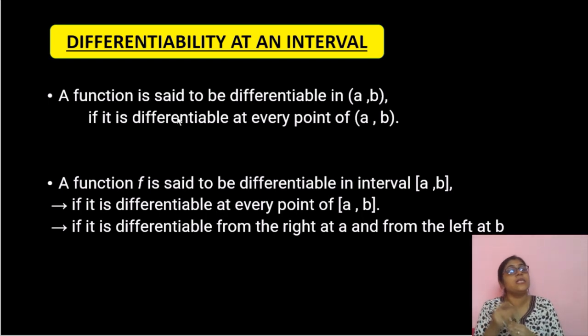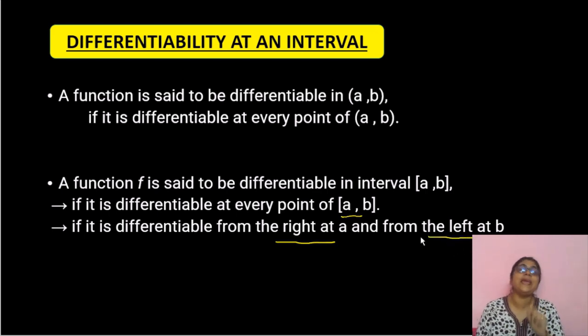And what happens in a closed interval? A function is said to be differentiable in a closed interval if it is differentiable at every point of the interval, and it is differentiable from the right at a and from the left at b.